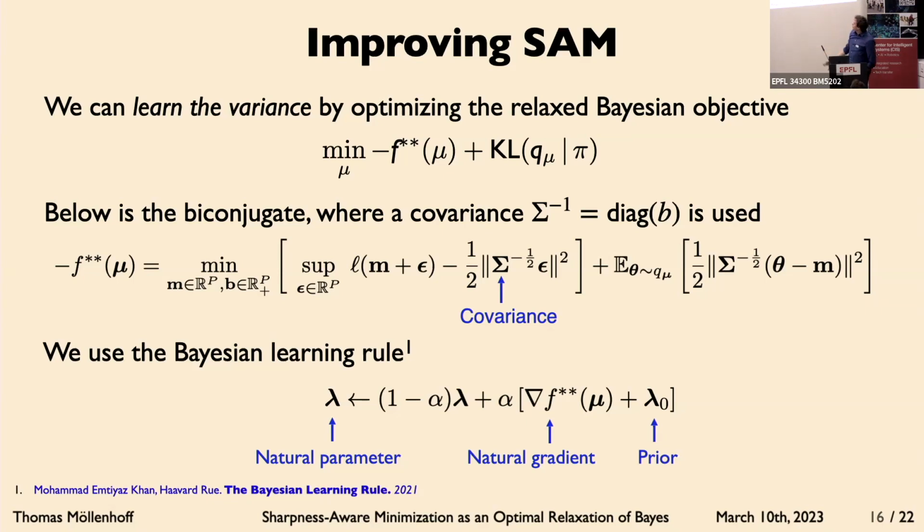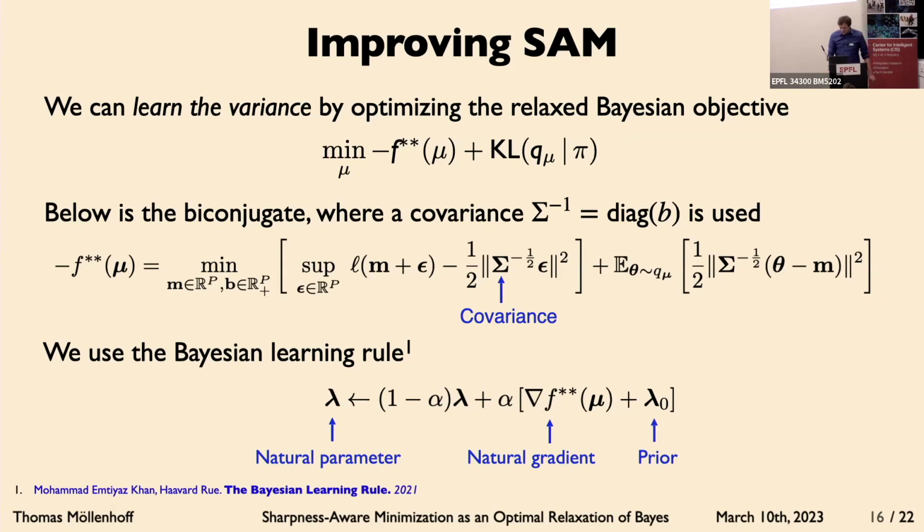It basically takes your old posterior approximation and combines it, in a convex combination, with the new information arriving through your gradients. And this gradient of our biconjugate function can be computed by solving this optimization problem. So solving this optimization problem gives us a subgradient of this biconjugate function. So in every iteration of our algorithm, we have to solve this huge problem. And of course, this is quite hard.